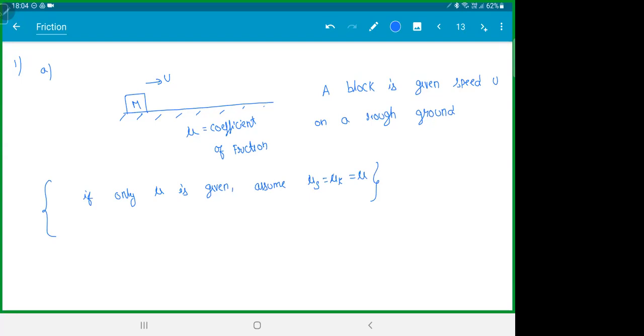If they don't mention anything and they just give the mu value, it means it is the same thing. So the question is, find the distance traveled by the block till it stops.